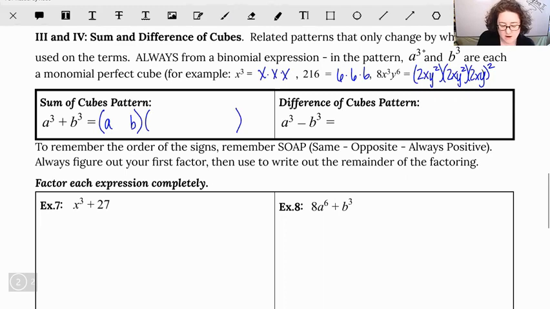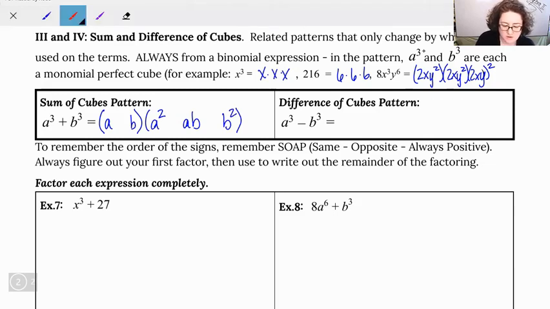We will take our a term and square it, multiply the a and the b term, and then square the b term. And this is exactly the same pattern in difference of cubes. So a, b, a squared, ab, and b squared.